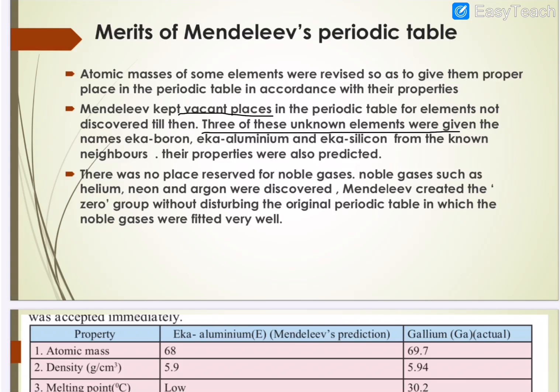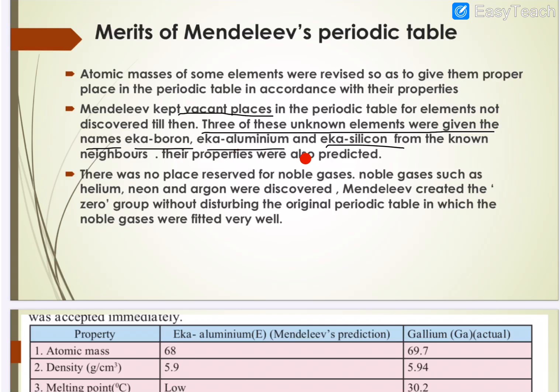Three of these unknown elements were given the names Eka boron, Eka aluminium, Eka silicon, from the known neighbors. So known neighbors means the neighbor of boron is Eka boron, and neighbor of aluminium is Eka aluminium, and neighbor of silicon; the vacant spaces were given near silicon, aluminium and boron.